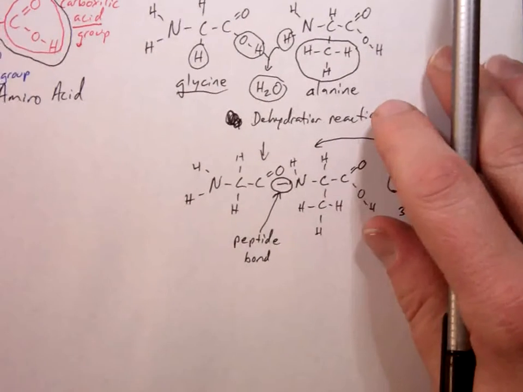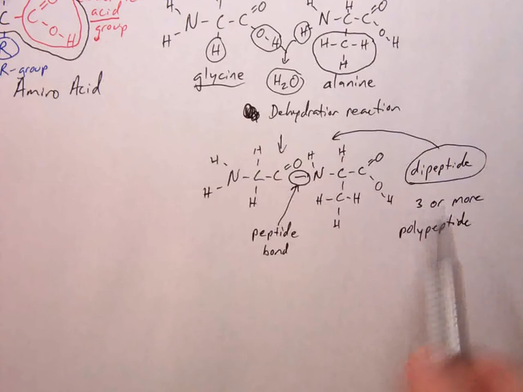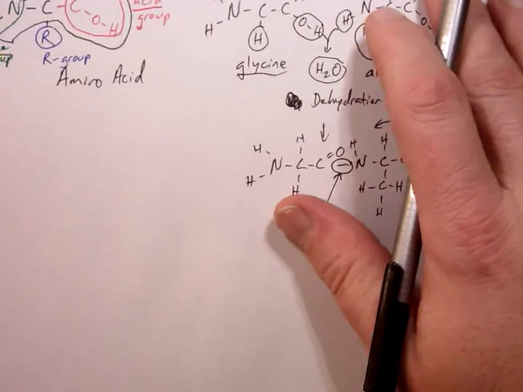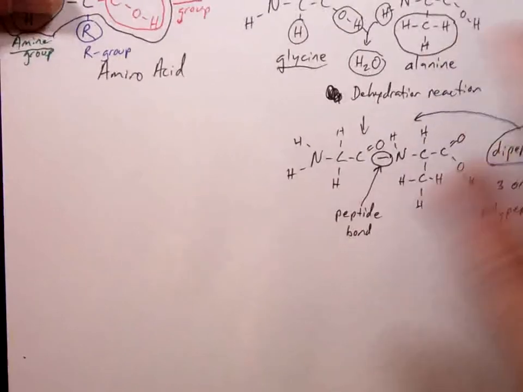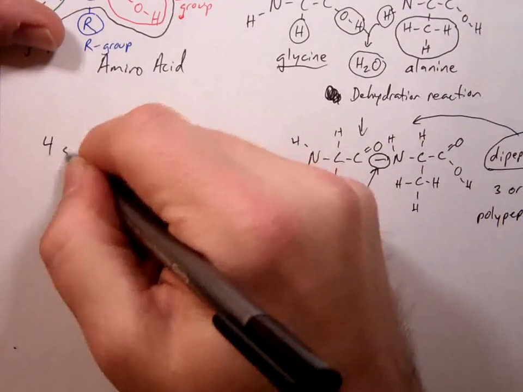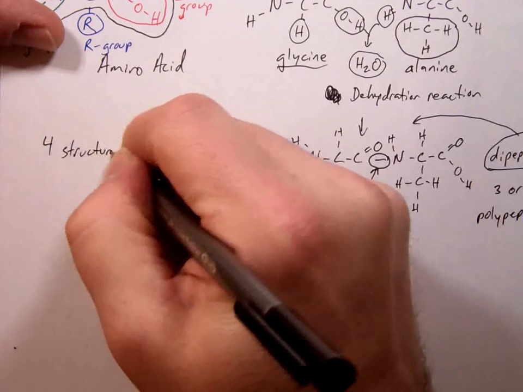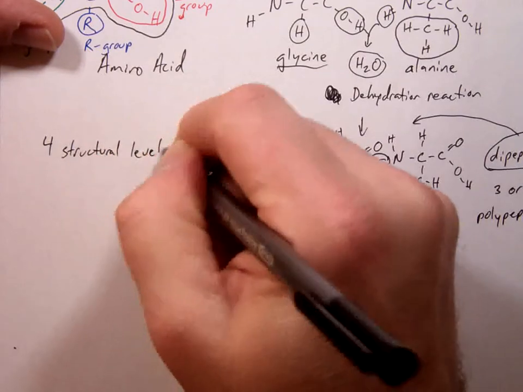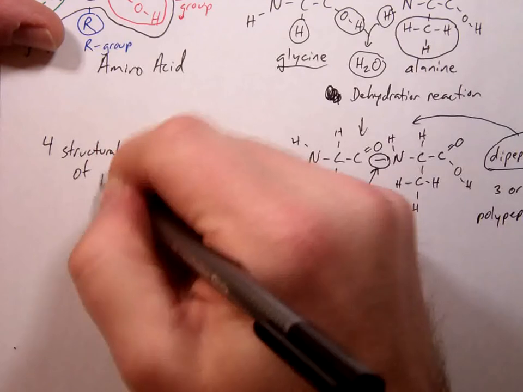Because what happens is, because of the way they're put together, the order, the sequence they're put in, they fold up. And they create these four structures, these four structural levels of proteins.